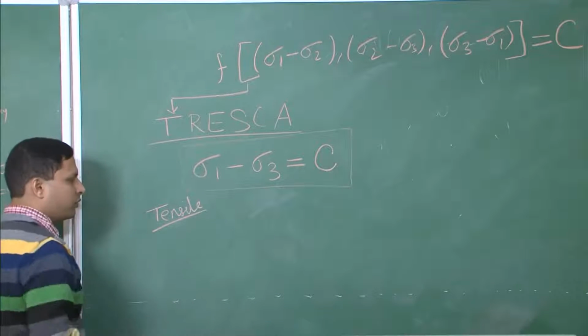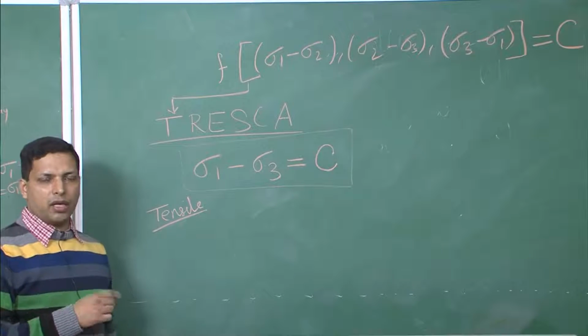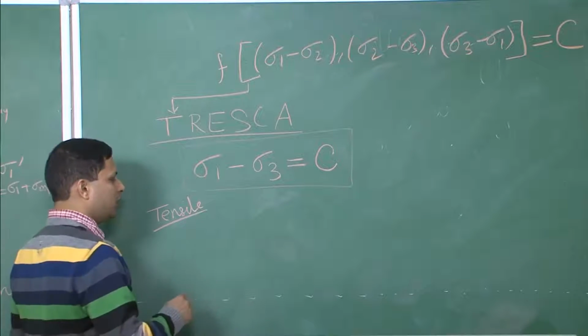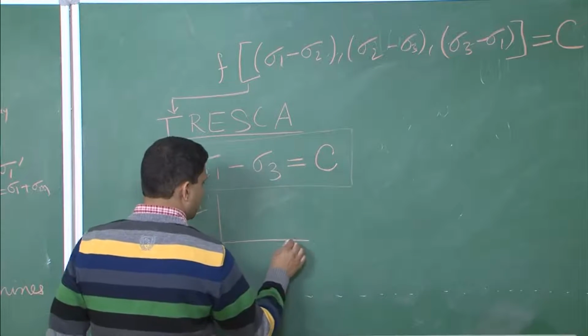Now, when we are doing the tensile test and the material has just begun to yield, then at that condition what will be the sigma 1 value? If we draw the Mohr circle, this is how it will look.